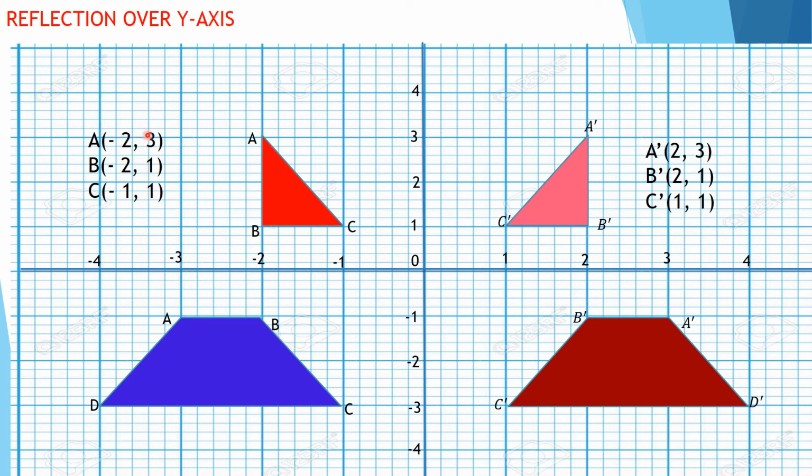Remember, y remains the same. So here I will negate this and I'll have 2, 1. C prime will now be 1, 1. And this is the image of this object. So if I reflect on the y-axis, I have to negate the x coordinates.